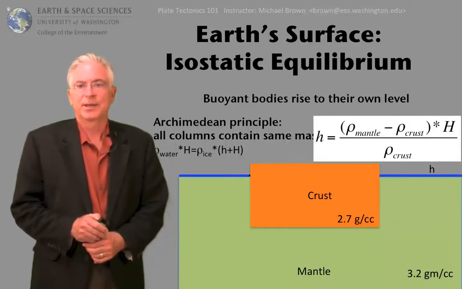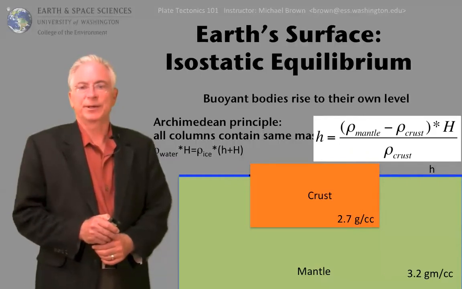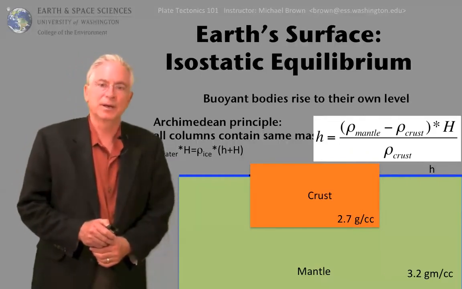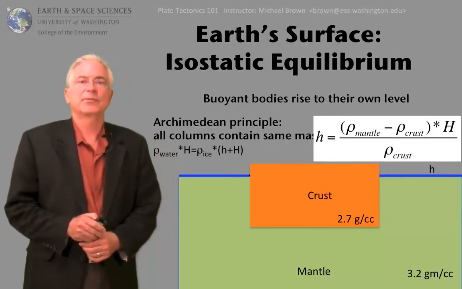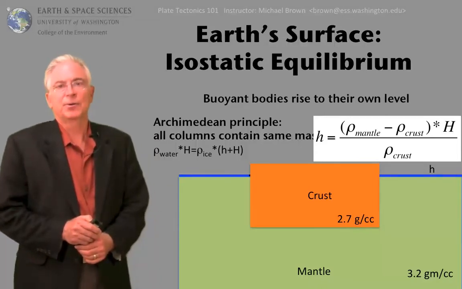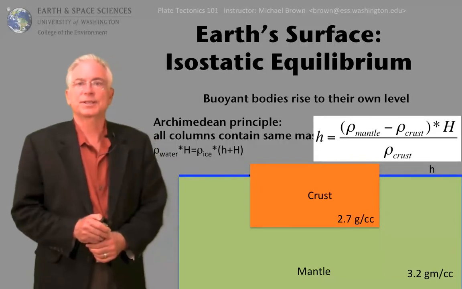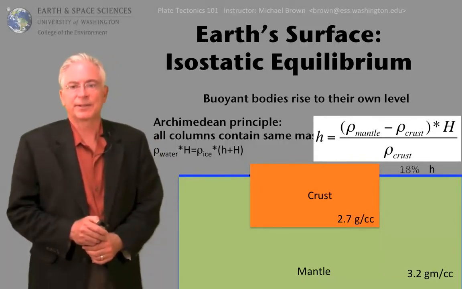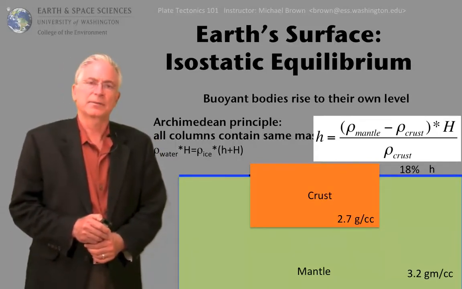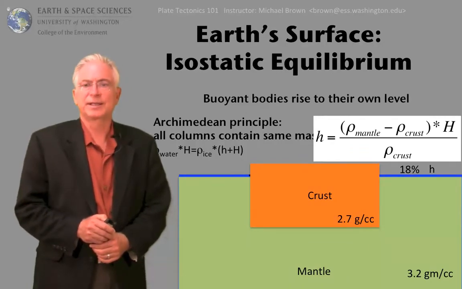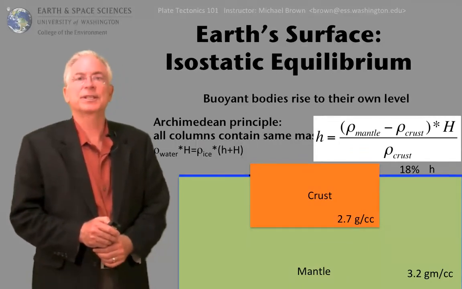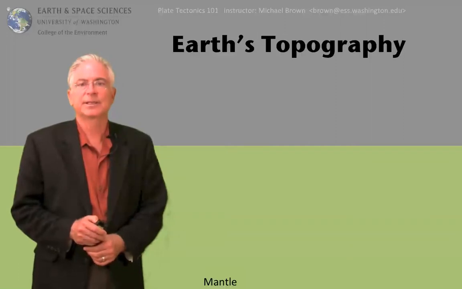So we just replace the formula here. The height sticking above the mantle level is going to be the fractional difference between the crust and mantle times the thickness of the crust that sticks below the mantle level. And using that formula, you'd find that about 18% of the crust sticks above the mantle level.